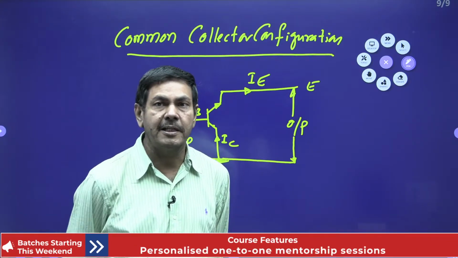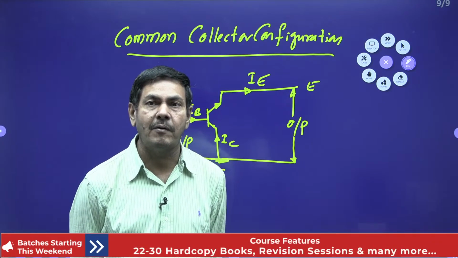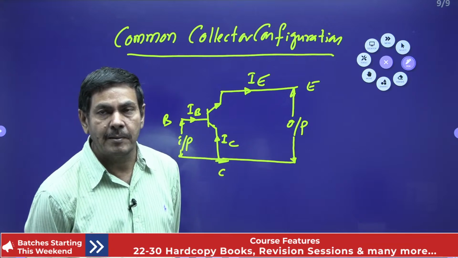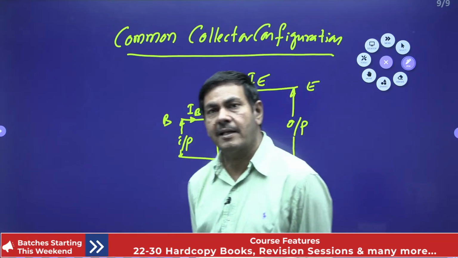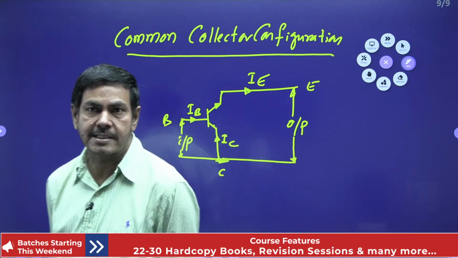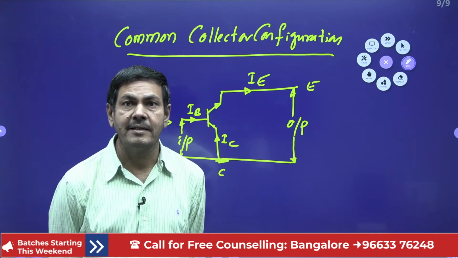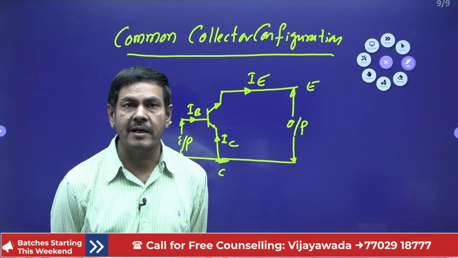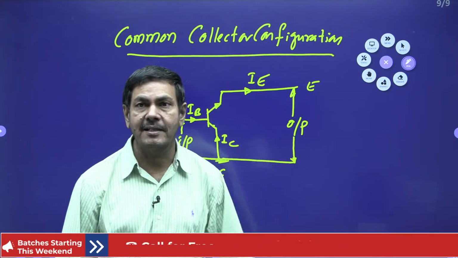But in the common emitter configuration, I said current gain is moderate, voltage gain is moderate, power gain is moderate. In common base configuration, I said voltage gain is more, current gain is less and power gain is less. Here, current gain is required more, voltage gain is required less and power gain is required less, which means you need to use the common collector configuration.